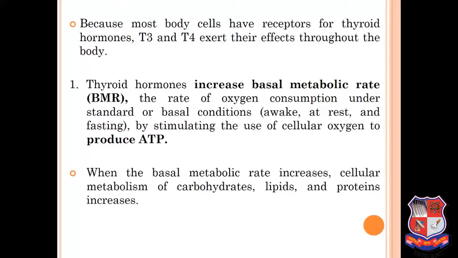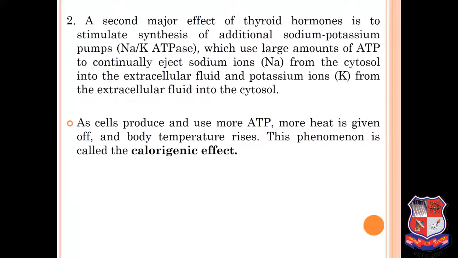First, thyroid hormone increases the basal metabolic rate, BMR, the rate of oxygen consumption under standard basal conditions like awake, at rest and fasting, by stimulating the use of cellular oxygen to produce ATP. When basal metabolic rate increases, cellular metabolism of carbohydrate, lipid and protein is also increased.